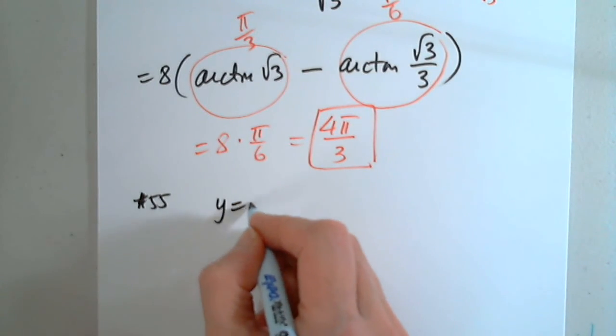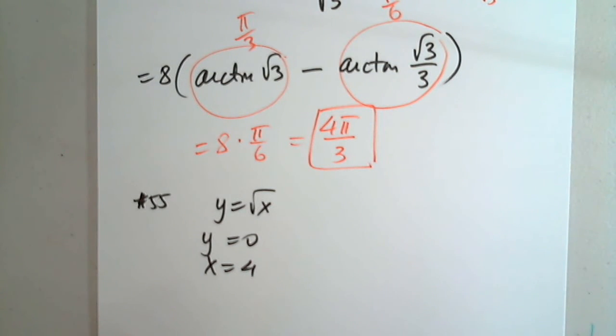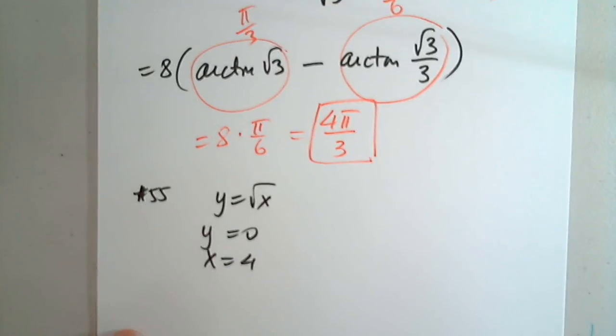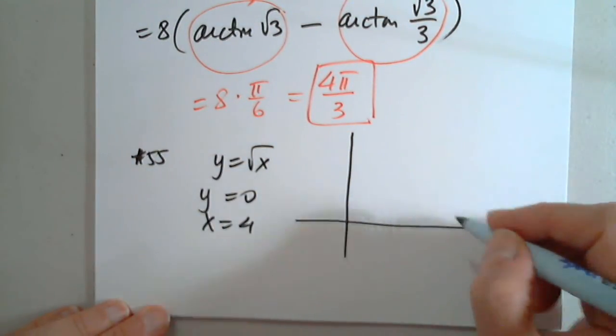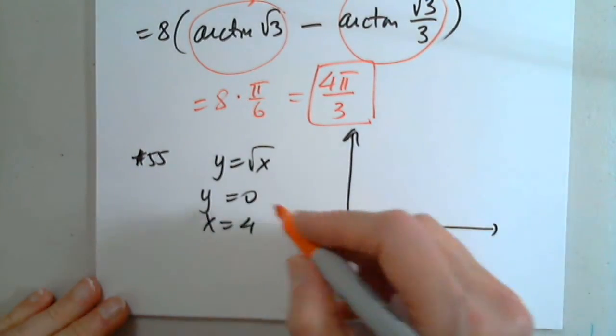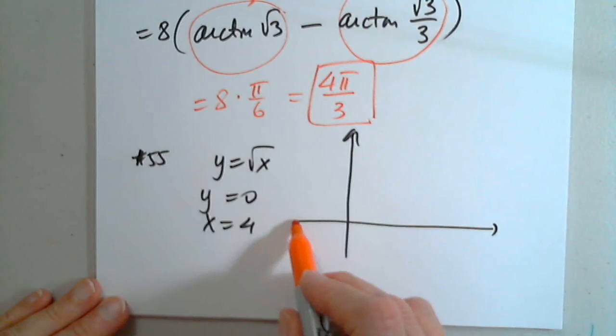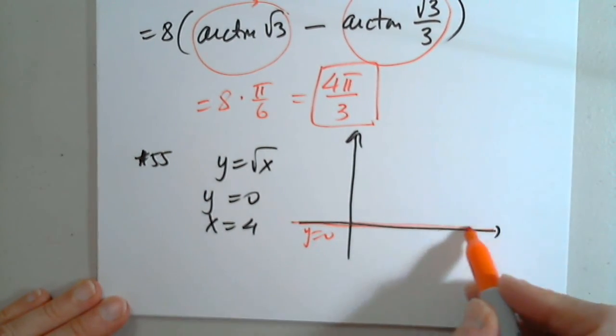Okay, so let's look at 55, and we have y equals the square root of x, y equals 0, x equals 4. Sketch the region and find the area enclosed. Fine, no big deal. I'm graphing the square root of x between, so this is y equals 0, this is the x-axis.